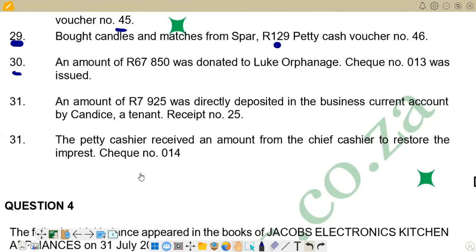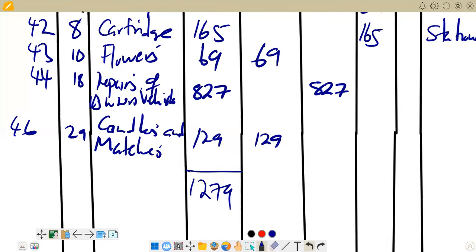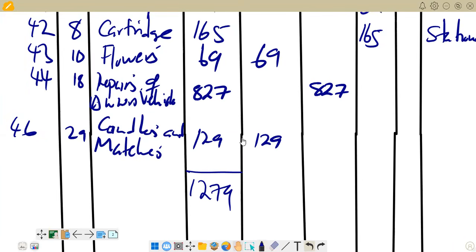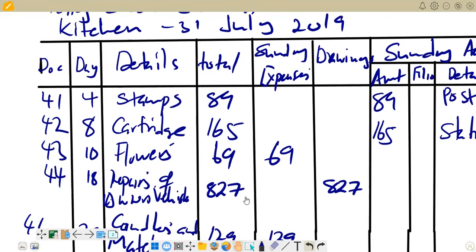So this is what we have in terms of the entries that we are supposed to do in these journals. What we are supposed to do next is add the total that we have for the petty cash journal, so that we see what total we have there. This is our petty cash journal.